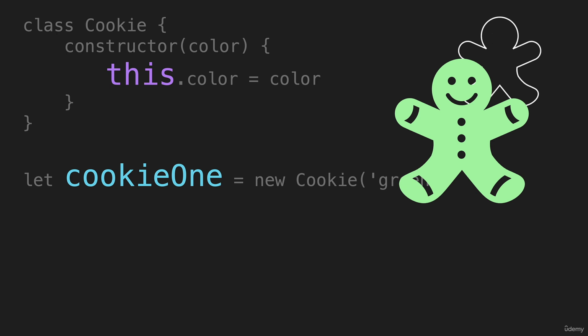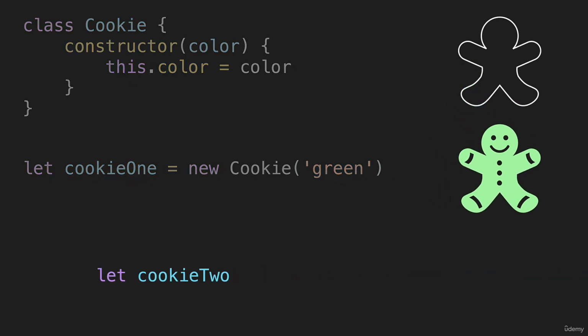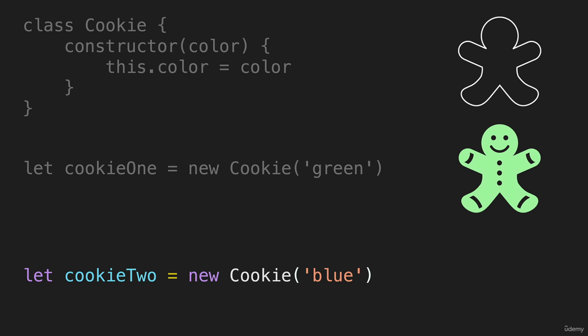That's where the this keyword applies, because we can have multiple cookies that are created by this. This keyword is going to refer to a specific one. So to expand on this, let's create another cookie. So we'll say let cookie2 equal the new Cookie that is blue.